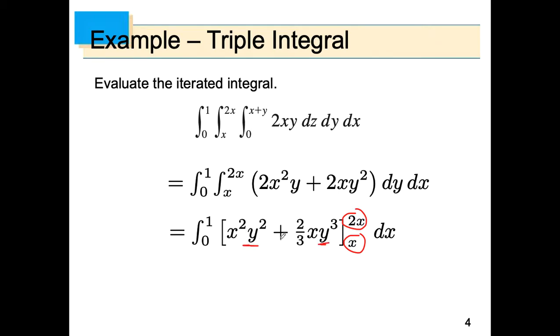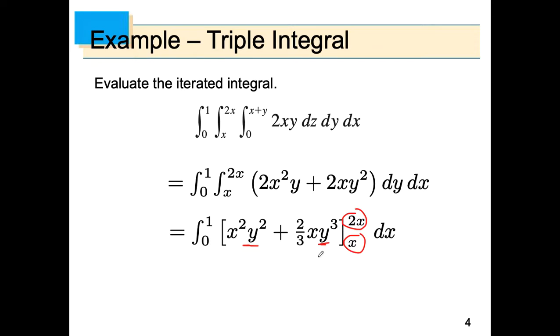You leave the x alone for now. First you plug in 2x into both y squared and y cubed, and then you subtract this x value that you plug into y squared and y cubed.